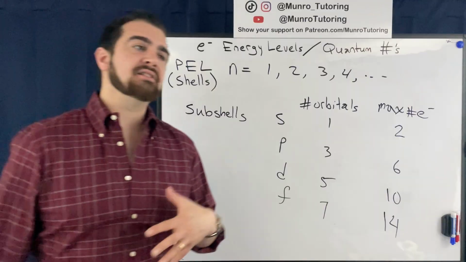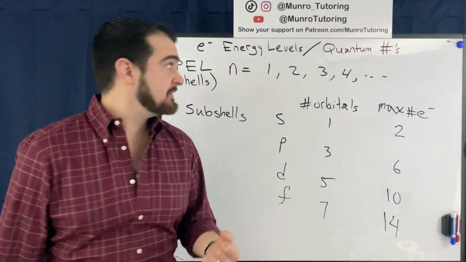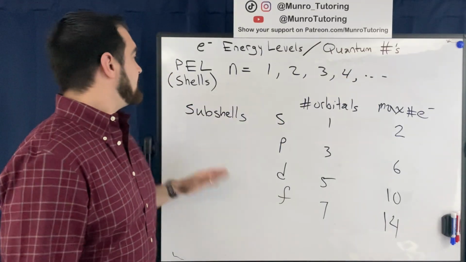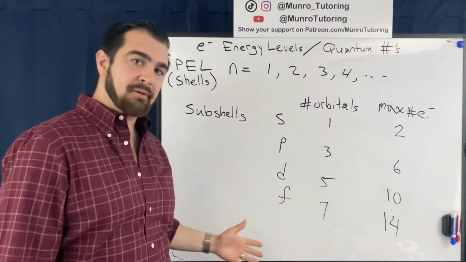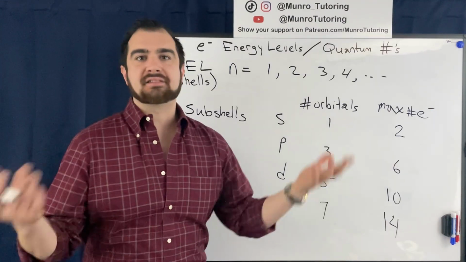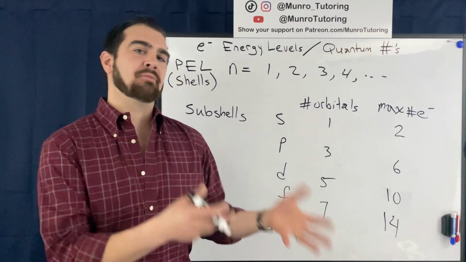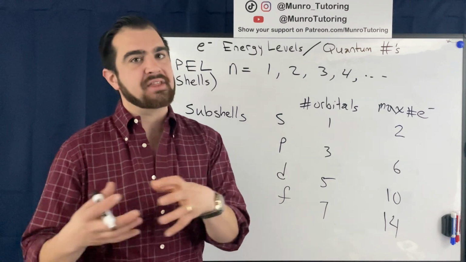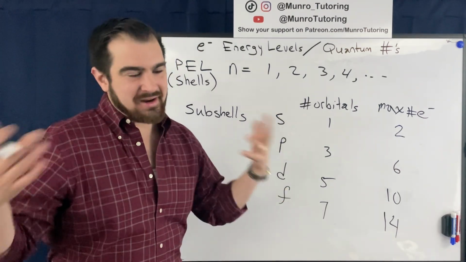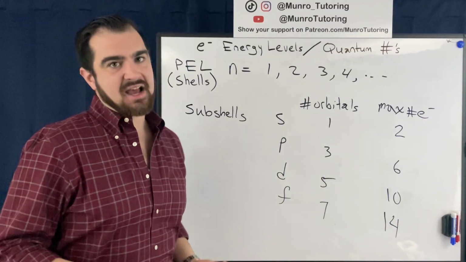So now to continue on with my analogy here, if the principal energy level is the floor, the subshell is the type of apartment. So in other words, if I just say S subshell, I didn't tell you what floor I'm on. I just said the type of apartment that it is. The number of orbitals is how many bedrooms, in my analogy, these subshells have.